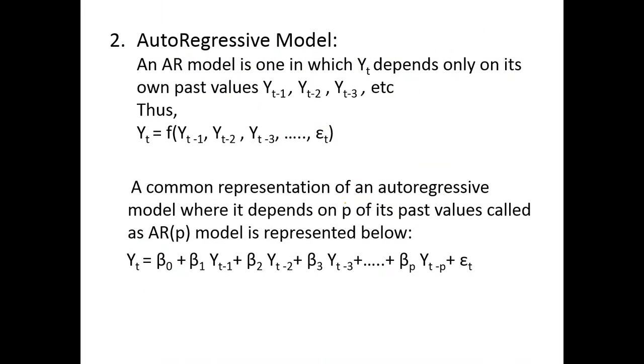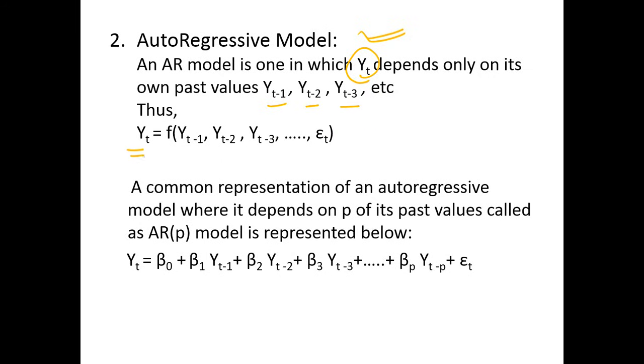So if the series is not white noise, then you can go for time series modeling. And what are the models available? We'll start with autoregressive models. Autoregressive models are models where the forecasting is done based on the past values. If yt is the current value, yt minus 1, yt minus 2, yt minus 3 are past values.